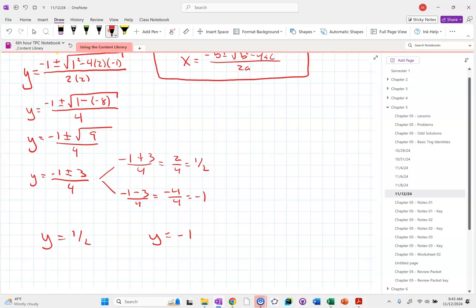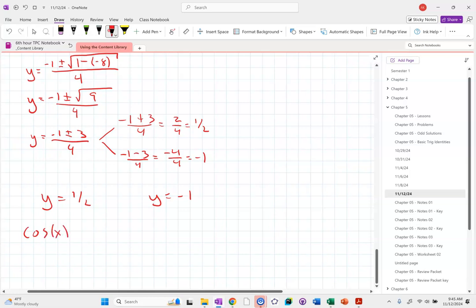But go back to the original problem. What were we trying to solve? Was our original equation 2y squared plus y equals 1? No, what was the original? It was 2 cosine squared x plus cosine x equals 1. And what did we do? We just let y equal cosine x. So guess what we have to do now?